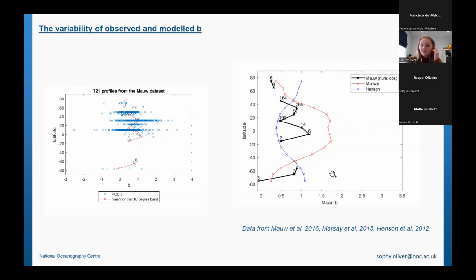But on the right here, we've got temperature-dependent parameterizations, or modeled B, by 2 different contrasting past studies, one by Henson and others in 2012, which is this blue line, and one by Marseille and others in 2015, which is this red line.